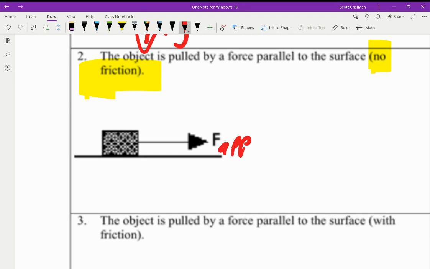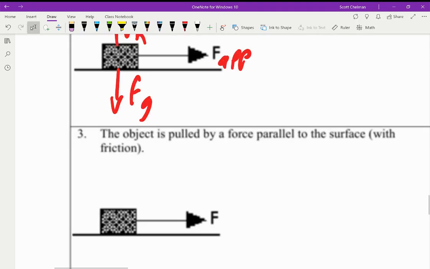Yes? Gravity going down and then the normal going up. Just like that. All right. So then clearly, if you look at that, you see the imbalance going to the right, so the object will be moving to the right, if somebody asks you that question.